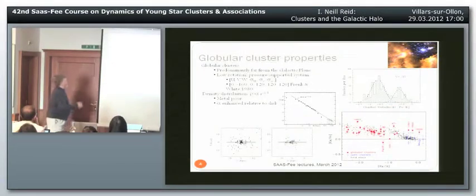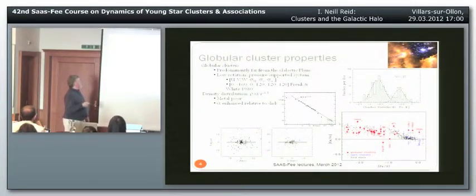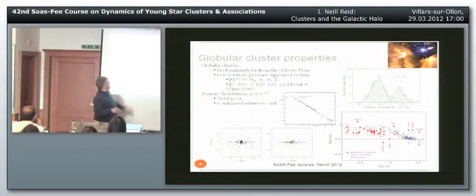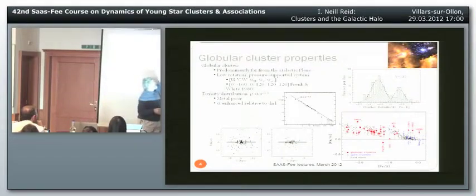So their properties, a lot of this is taken from, I was going to say Hugh Harris, it's not Hugh Harris, but William Harris's review articles. Some of them are moderately out of date, but the cluster metallicity distribution, this is solar, this is going down to 10^-2.